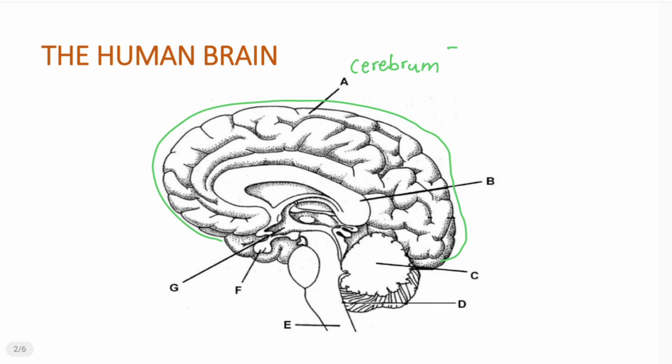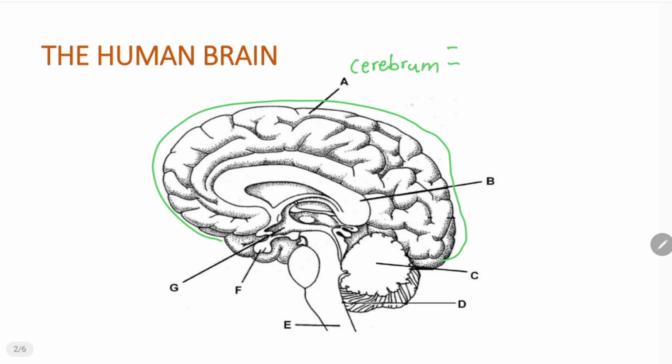Those are sensations. So in order for us to be able to detect those sensations, the impulses must be transmitted to this part, which is the cerebrum of the brain, so that they can be interpreted. So that is function number one. It receives and interprets all sensations.